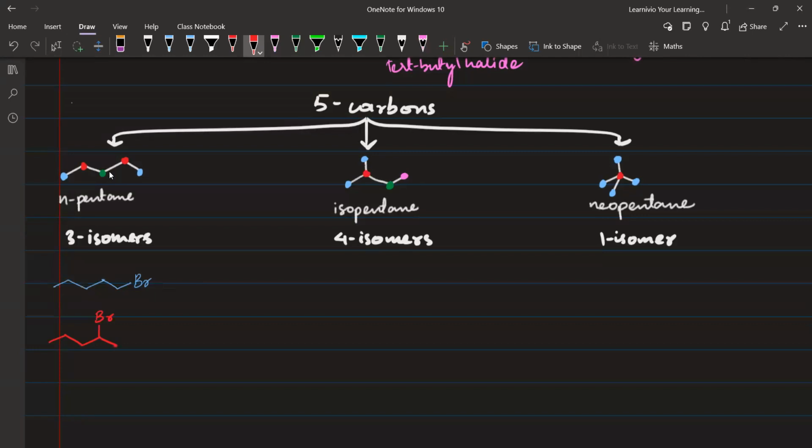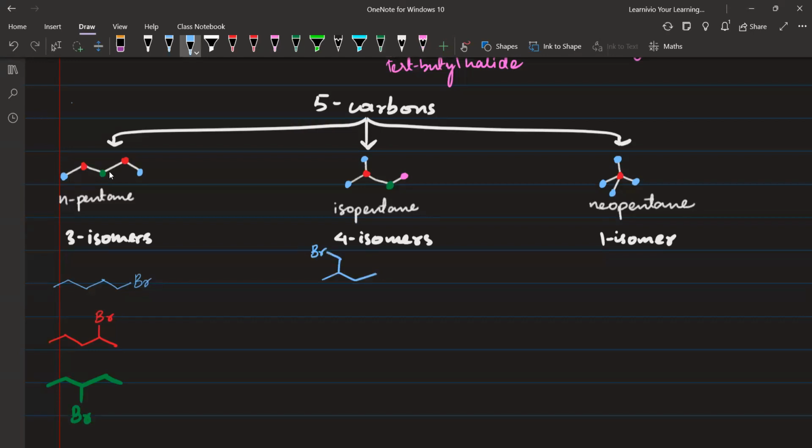For the green one, here we'll attach bromine. For the 4 isomers that are possible for the isopentane case, we are going to take the blue one first. This is the chain. And then you can attach the halogen atom here, that is Br.